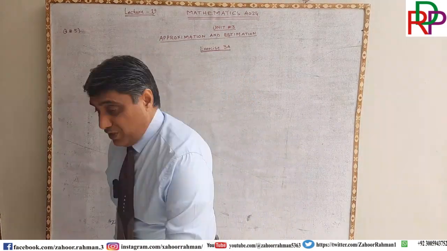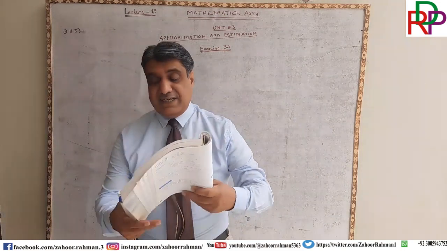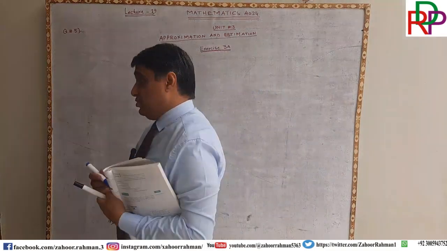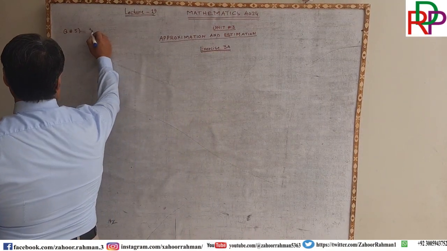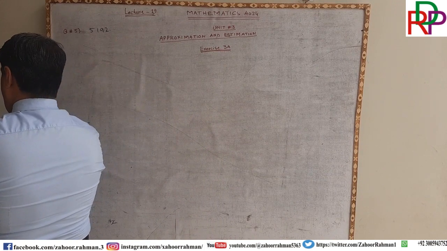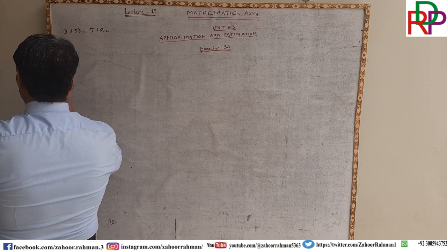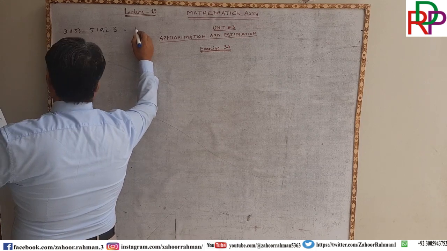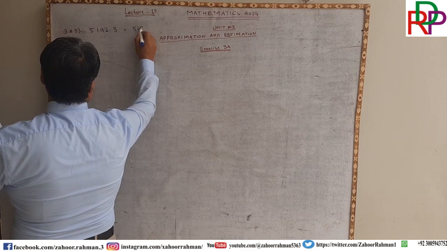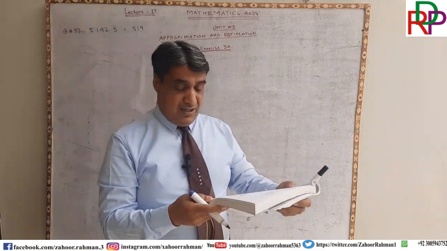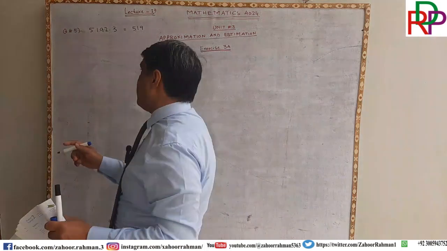Ladies and gentlemen, the question is saying that Katie says that 5192 is equal to 519 when rounded to the nearest tens.